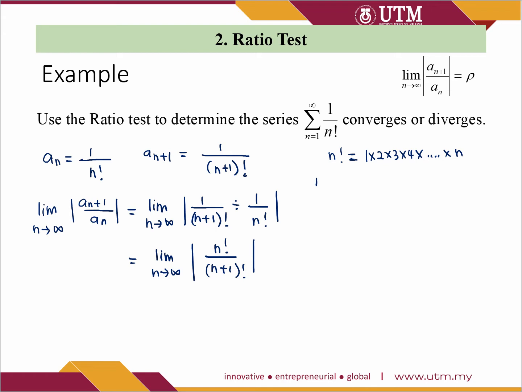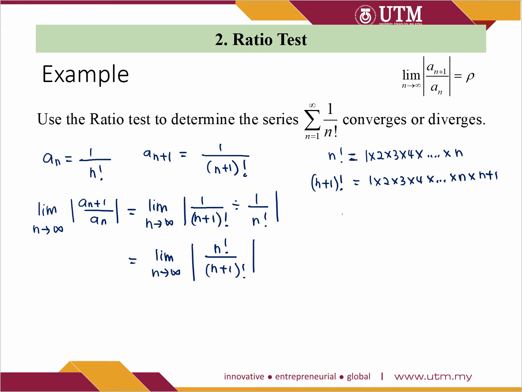And (n plus 1) factorial means 1 times 2 times 3 times 4 times up until n plus 1. So that is what is meant by n factorial and (n plus 1) factorial.